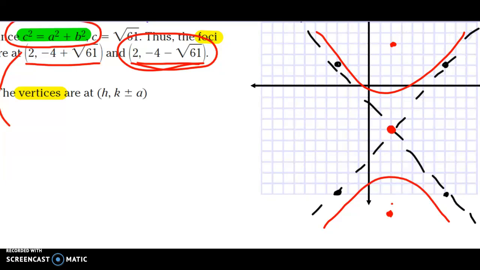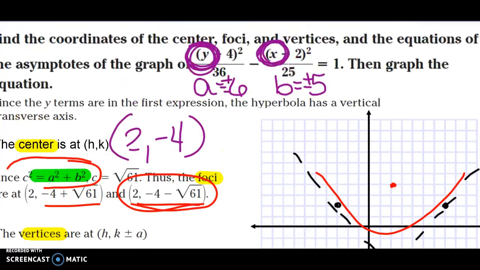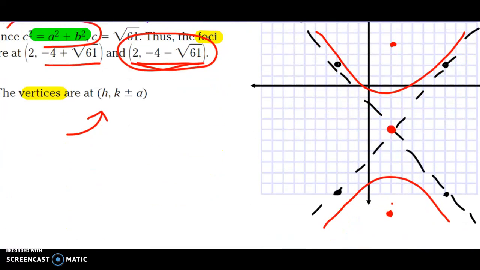Now that's not really exact. There is a formula for figuring that out too, and it's down here. So you're going to go over h again, and then you're just going to go k plus and minus a. Well, what is a again? A is 6. Okay, so I came in a little too close here. All right, so plus and minus 6.